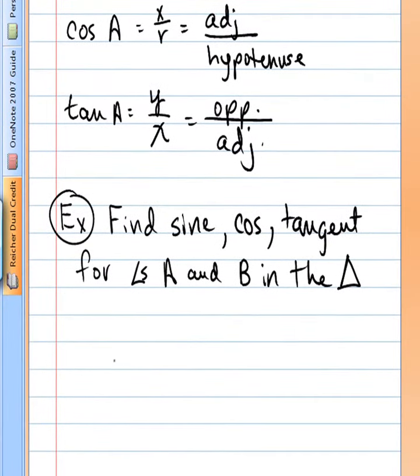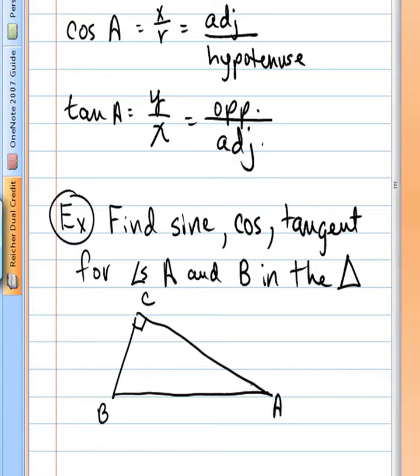Alright, so here we've got our triangle. This is a right triangle with a right angle at C. Here's B, here's A. The sides are 25, 24, and 7.